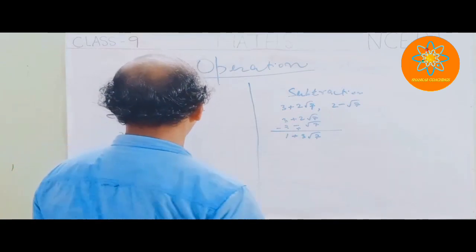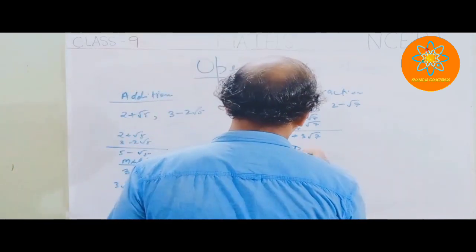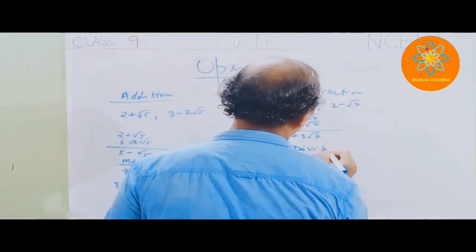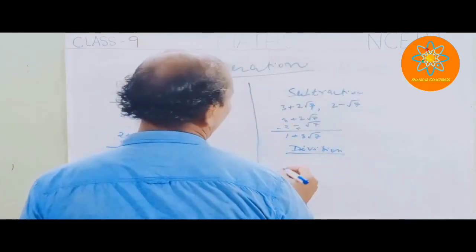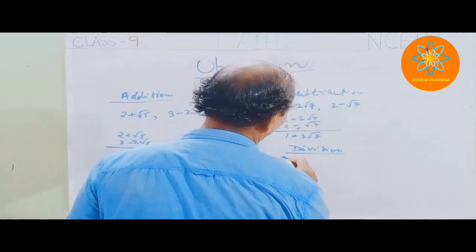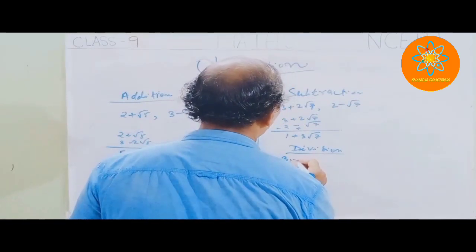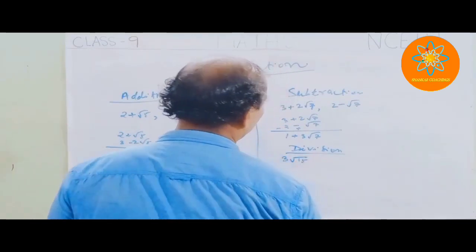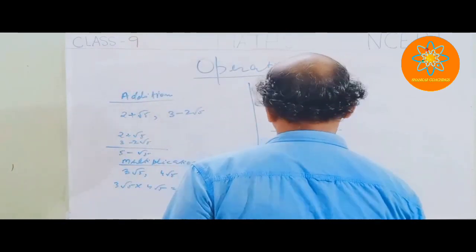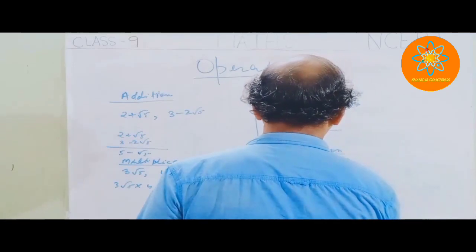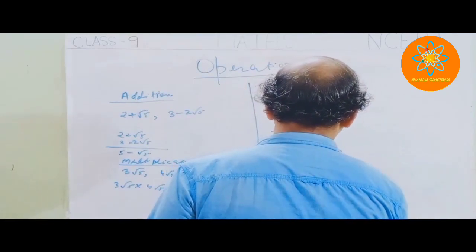Now the next one is division. In the case of division, let's suppose I want to divide 3 root 15 by 4 root 5.